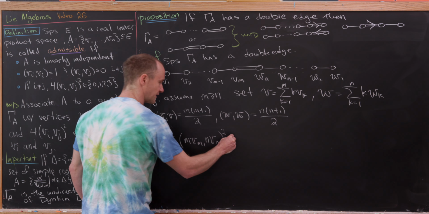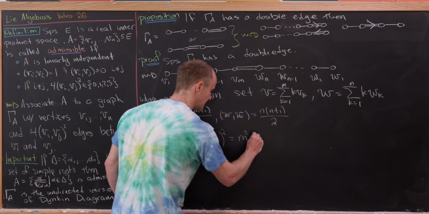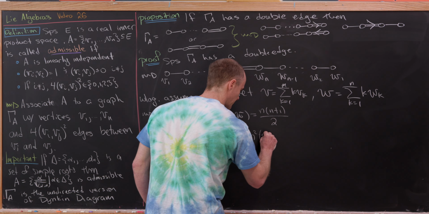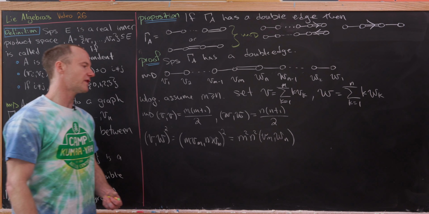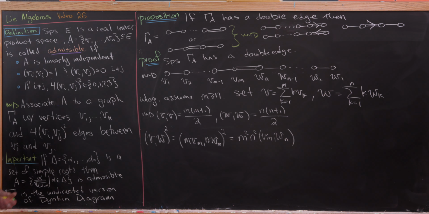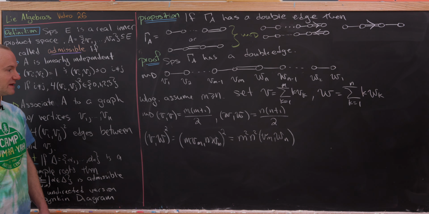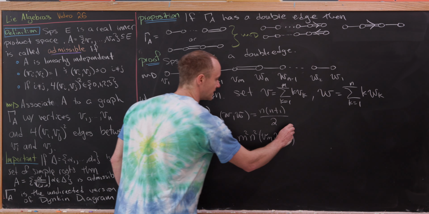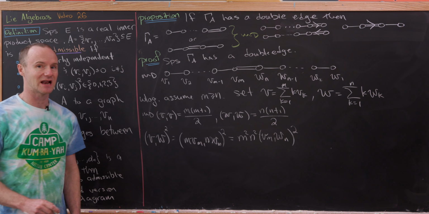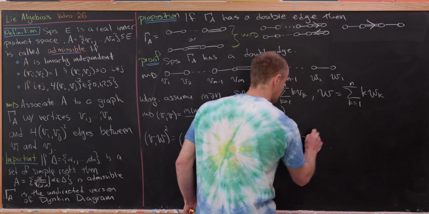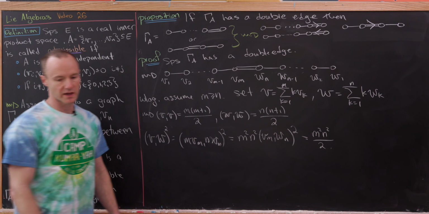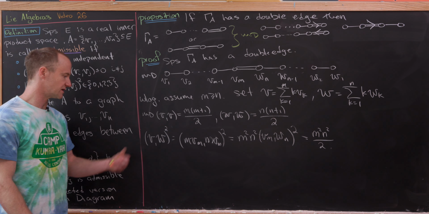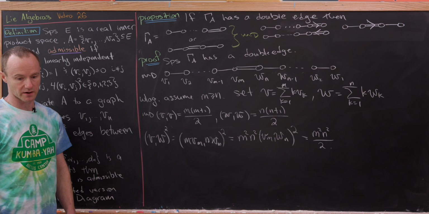But now let's observe that we can take the m squared and the n squared out, leaving us with the inner product of Vm with Wn. But then we know that there are two edges between Vm and Wn, and by this rule right here, we know that means that the inner product of Vm with Wn squared has got to be equal to a half. So that's going to give us here m squared times n squared over 2. Okay, cool. So that's the inner product of v with w squared.